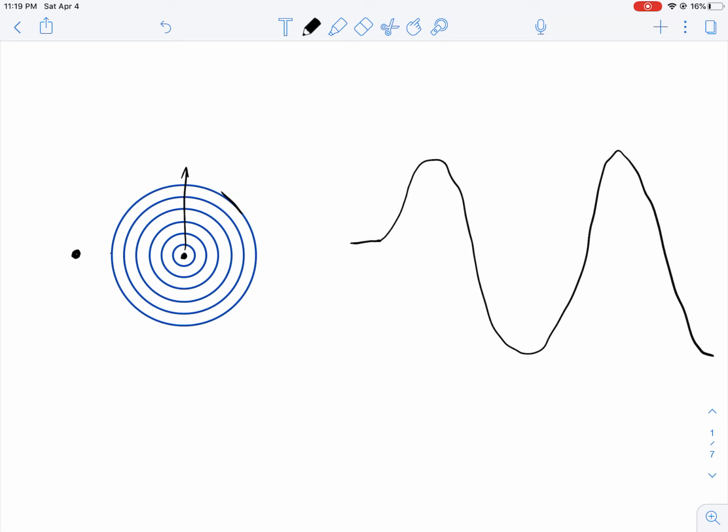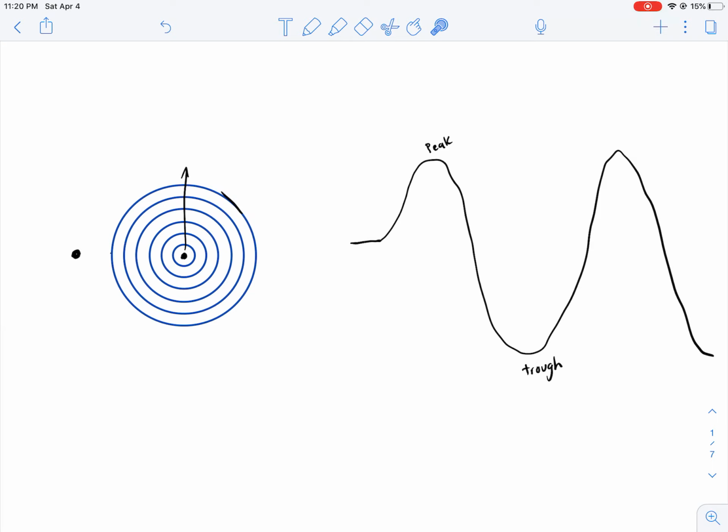The high point is called the peak, and the low point, the trough. And the peak can be represented by this blue area right here, and the trough is somewhere in between the two blue areas. Now, this is for water, but the same can be used to model sound and light as well.